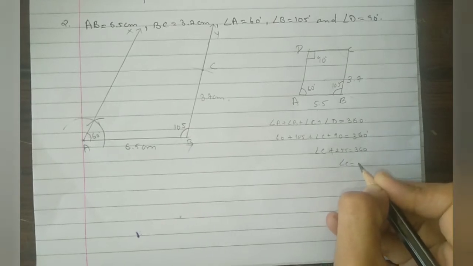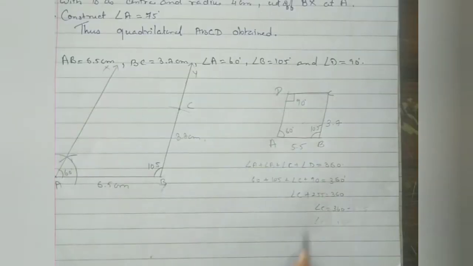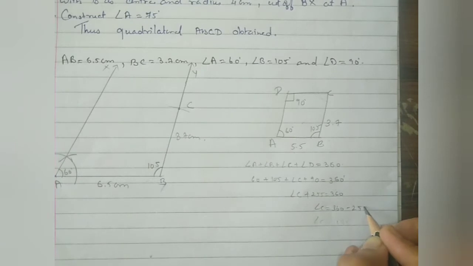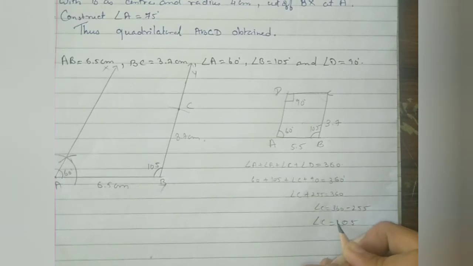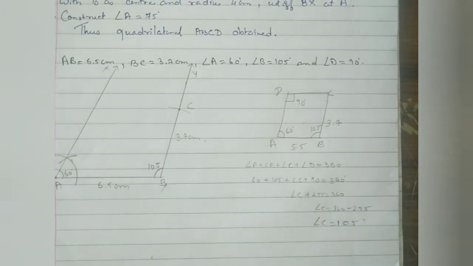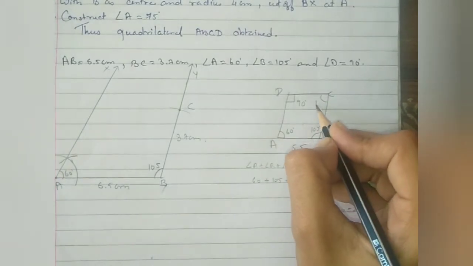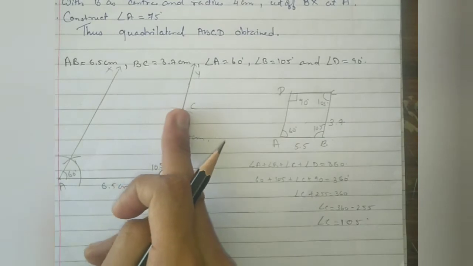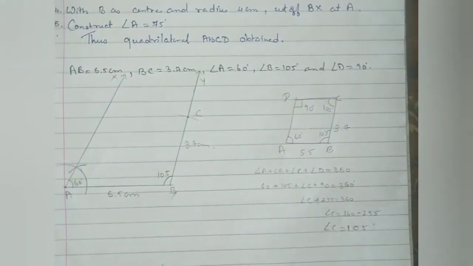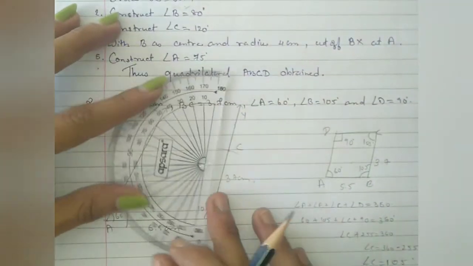So angle C equals 360 minus 255, which is 105 degree. Okay, so we'll construct this angle C as 105 using the protractor.